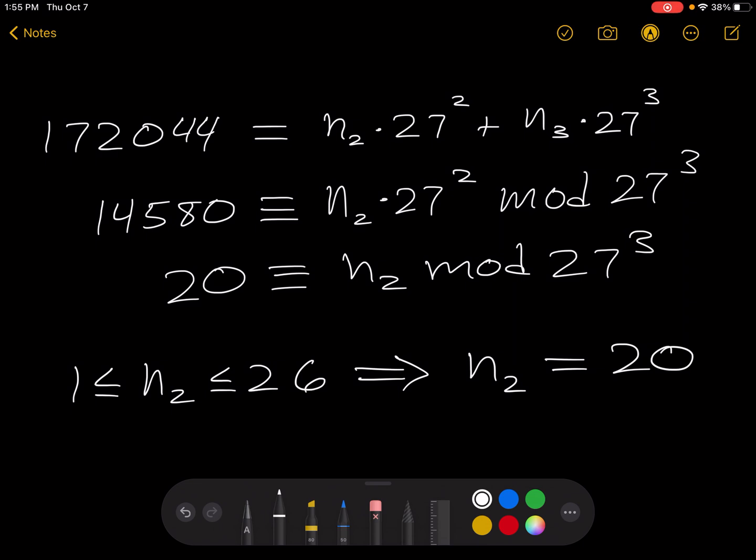All right, so now we can put n2 equals 20 in here. And now we don't need to do any more modding.